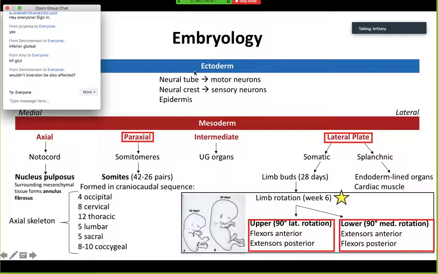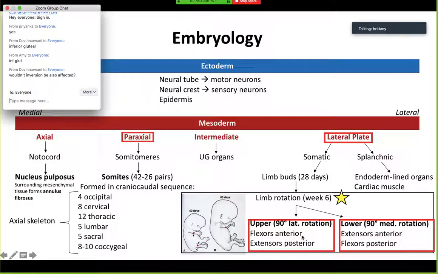I listened to the lecture that he gave this year, and I made sure everything he covered, or that I felt was really important to know, was in these 8 or 10 slides. So I feel really confident that if you know these next 8 to 10 slides, you're going to be fine on limb development.